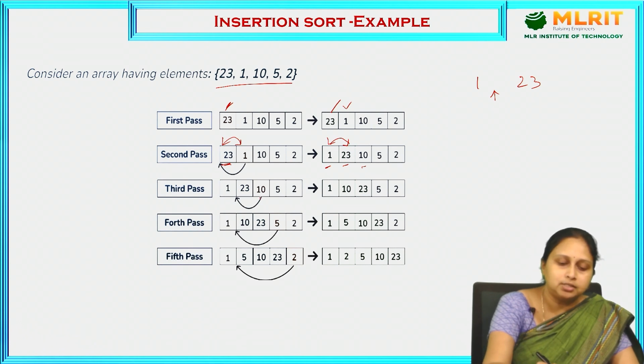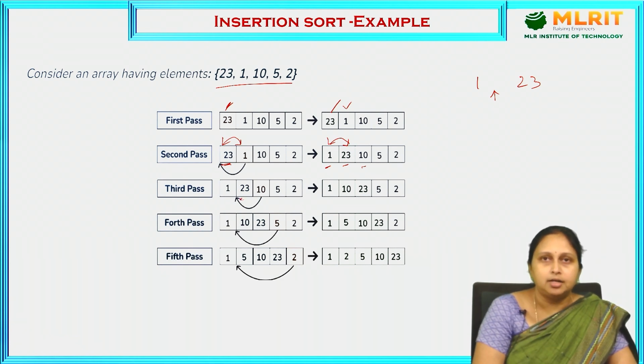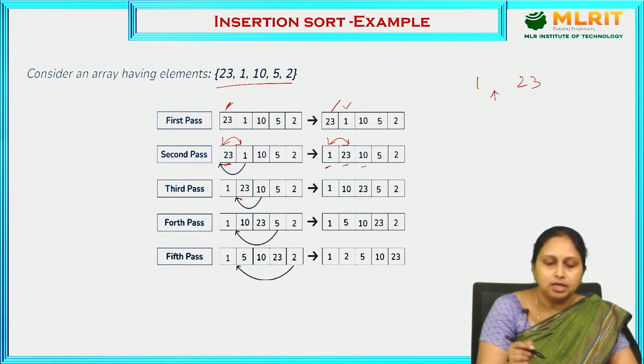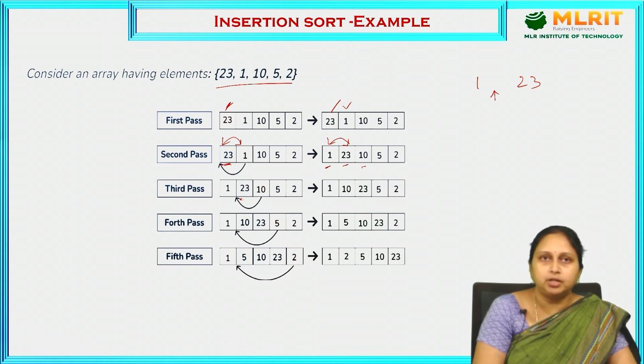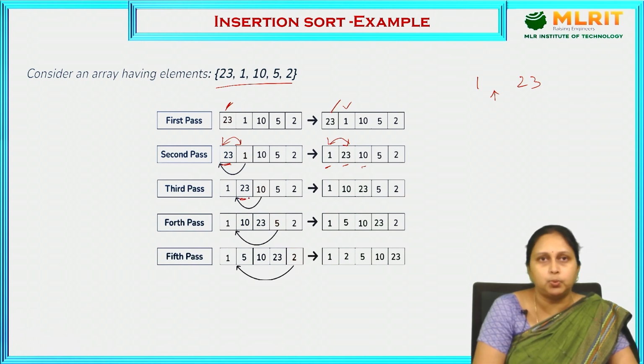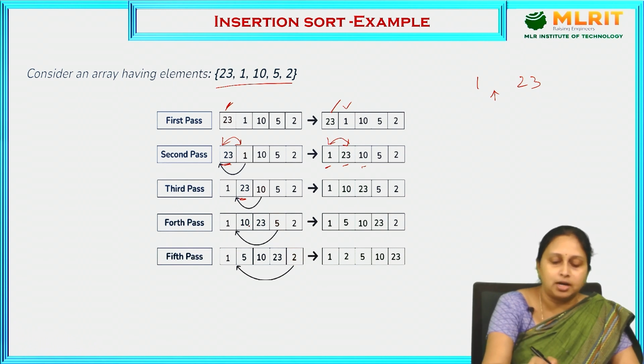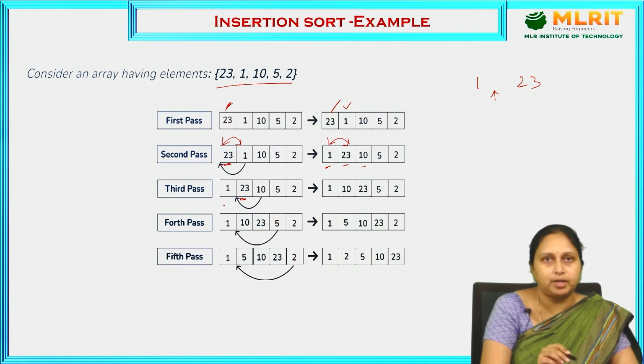That is, 10 is going to be compared with the 23, and based on that, we are going to place the element 10 in between 1 and 23. Directly we are not going to place it. First, we are going to compare with the 23 and then with the 1, and according to that, we are going to insert. Directly, we are not comparing with the second element.